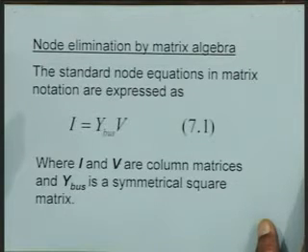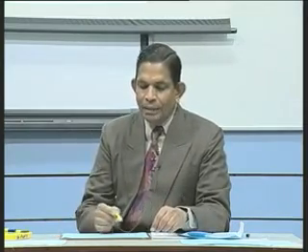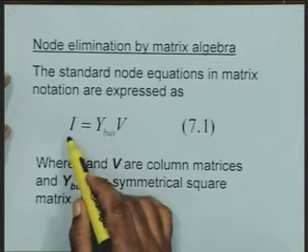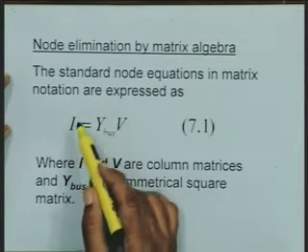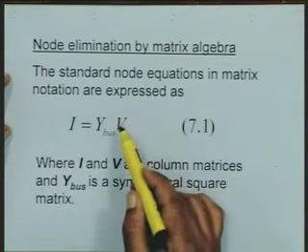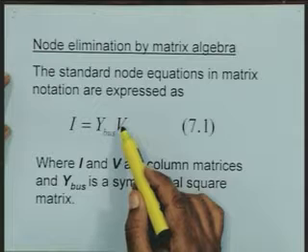current injection. That is, if you have a system, and at some nodes in the system there is no injection, then these nodes can be eliminated. Now, to understand how these nodes can be eliminated, we start with the general system, and the mathematical model of the system is expressed as I equal to Y bus into V, where I is the current vector and V is the voltage vector.